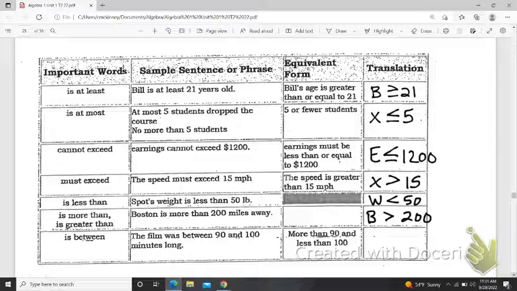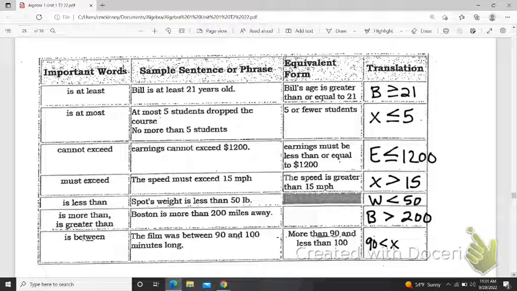And then is between, we didn't review this much, but you should have had this previously about compound inequalities. We probably did a few just in our review, but I did not do a separate lesson on compound inequalities. Where it's between, then we could write x between and write this as a compound inequality, where it is more than 90.